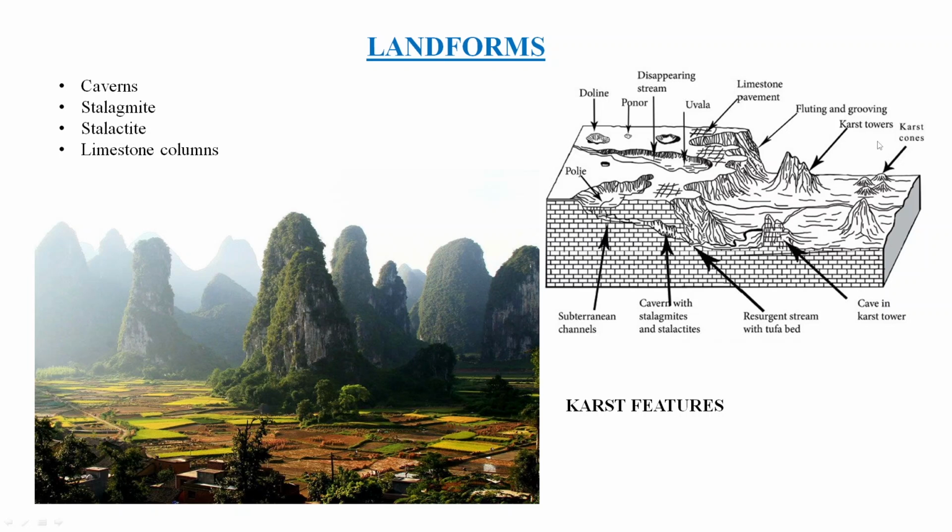Then you can also get this kind of karst cones. So, these are the very beautiful karst features that you can see in China. These are your karst towers, like the first field photograph that we have seen. So, this is another field photograph where you can look at the large karst towers.